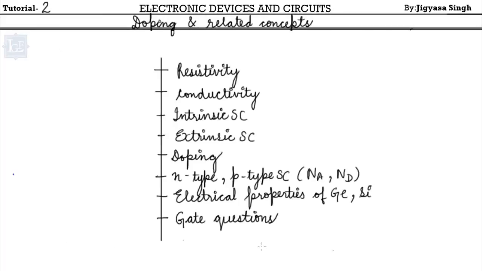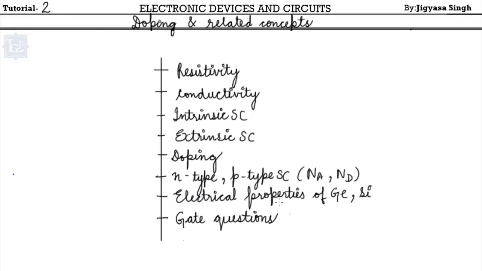And we also wrote the electrical properties of germanium and silicon. I cannot explain much in this because you have to learn it. So take a screenshot of these electrical properties or note them down because this is something which you should remember. And then we did a couple of GATE questions. One problem I gave you as homework, to which you have to post the answer right now because that's a very easy problem.